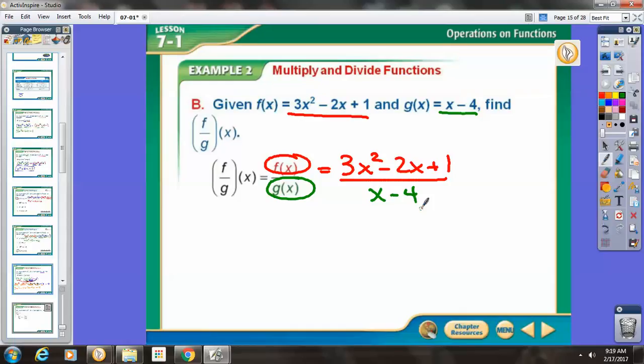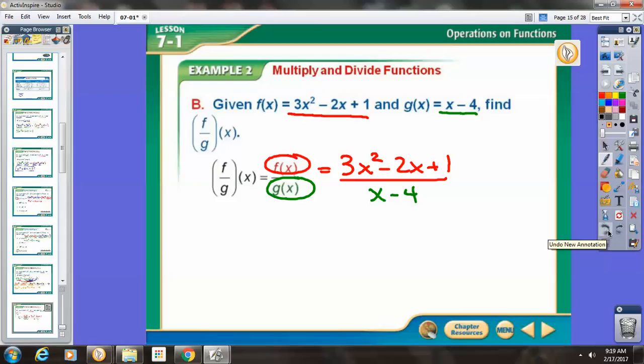However, I do want you to tell me what... I can't have 0 in the denominator, correct? We talked about that earlier. What value of x, what number could I put in for x that would make my denominator equal to 0? 4. If I was to put 4 in for x, well, 4 minus 4 is going to give me 0, isn't it? I can't have that. I can't have 4 in the denominator.